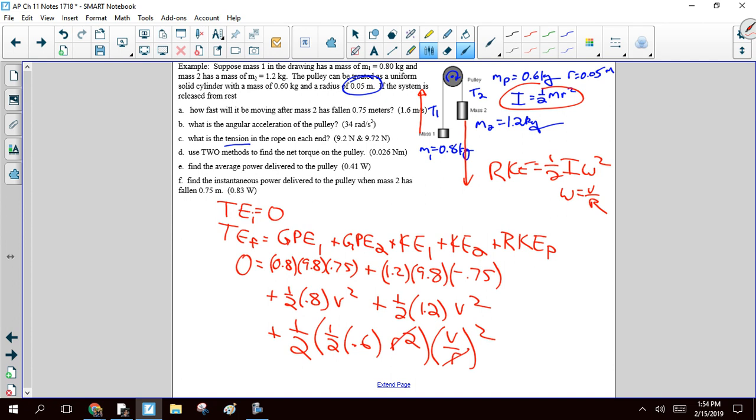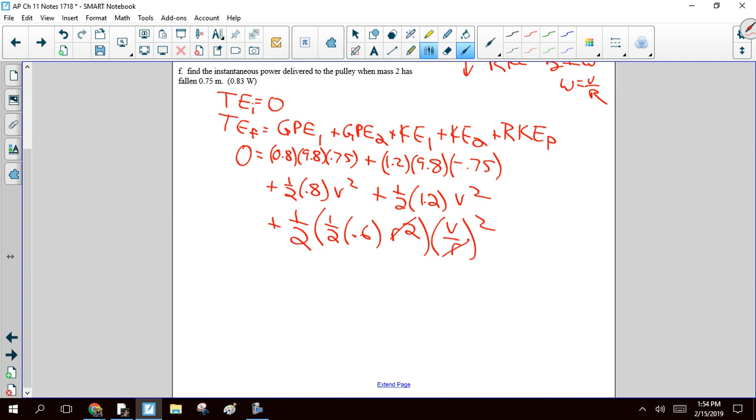So what do we get? This guy gives us 5.88, minus, I should pick up my piece of paper where I have these numbers written down, minus 8.82, plus 0.4 v squared plus 0.6 v squared, and then half of 0.6 is 0.15 v squared, and that whole thing equals 0.